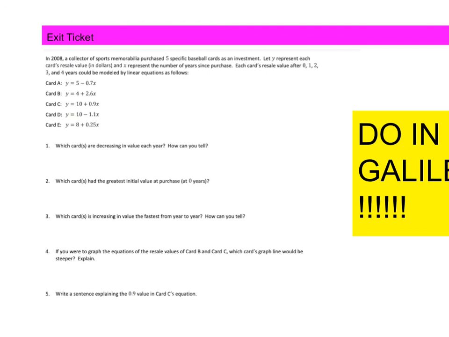So you'll notice that these equations they give you are not written in slope-intercept form. So you need to first rearrange these so they're written in y equals mx plus b format. It is not hard. I'll do the first one for you. So the first thing I'm going to do is change my minus sign to a plus negative, and then I'm just going to rearrange.